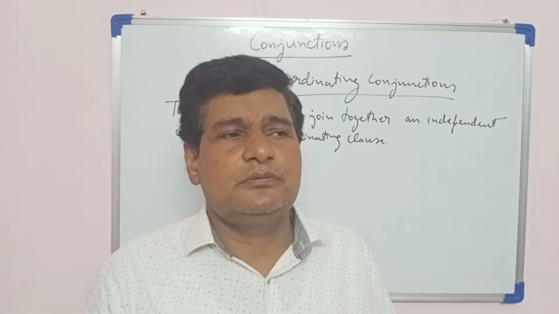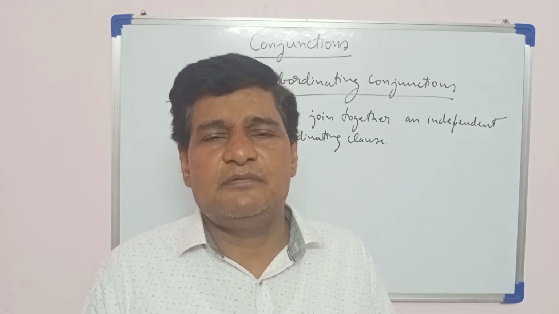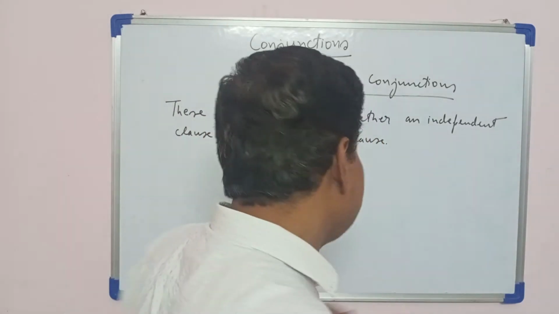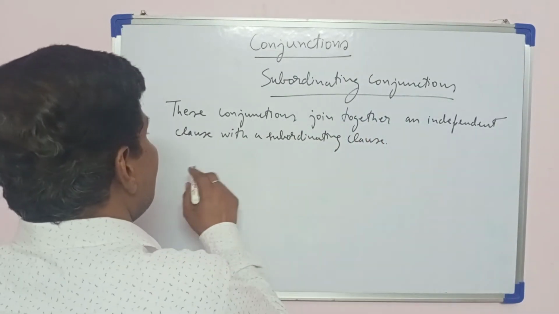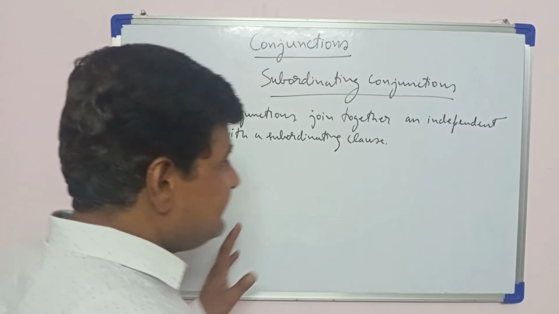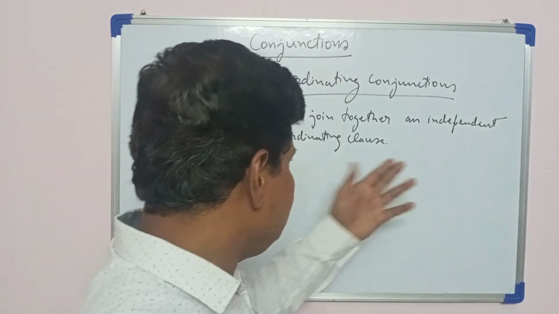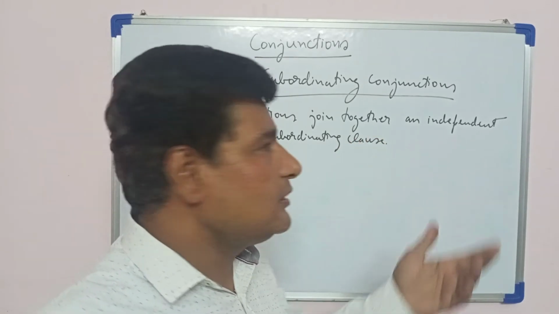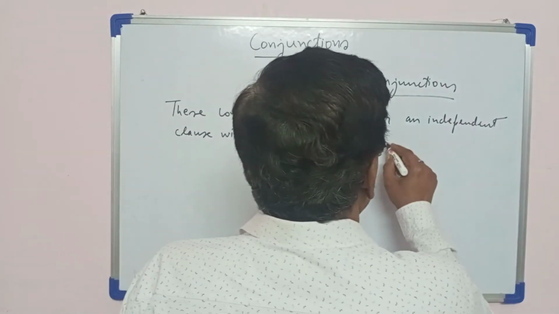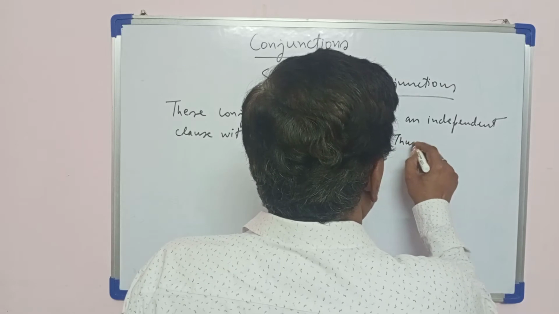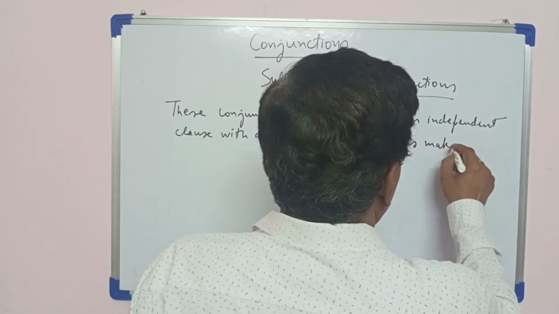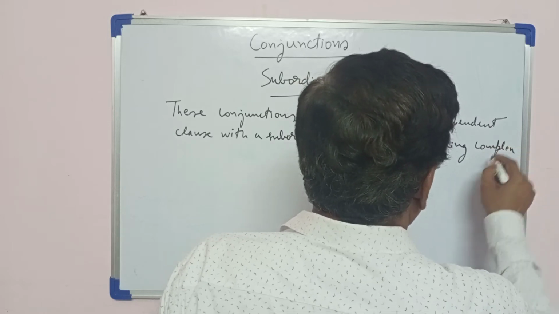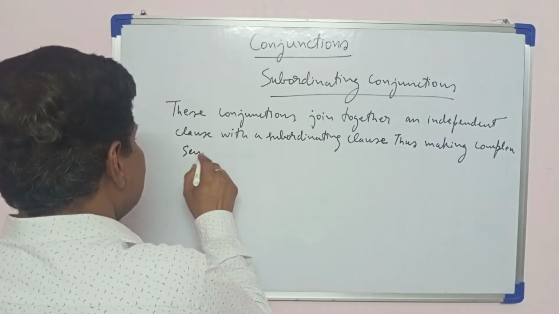As I have told you, the subordinate clause may be a noun clause, an adverb clause, or an adjective clause. And thus they are making complex sentences, because you know that when independent and subordinate clauses join together, they make complex sentences.